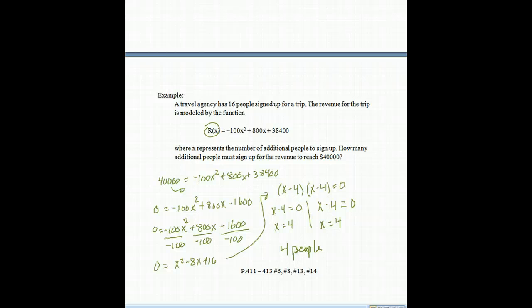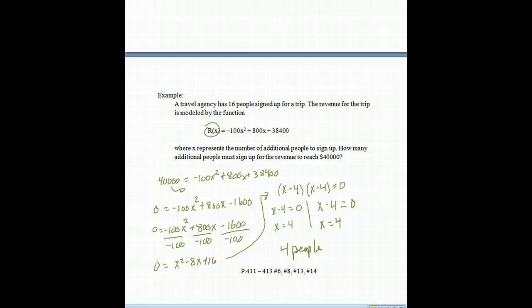So after the 40,000 is brought over, you're left with negative 1,600. Divide everything here by negative 100, since it is a factor of each term. If it didn't divide evenly, then we have to try and find another method to solve it, probably decomposition. Doing that, we're left with x squared, subtract 8x plus 16.